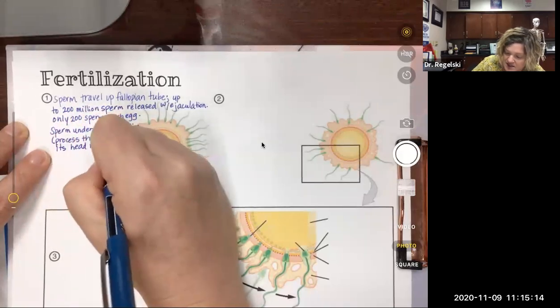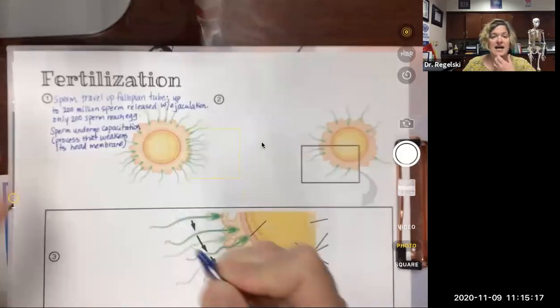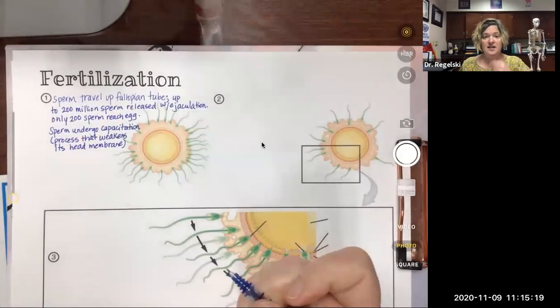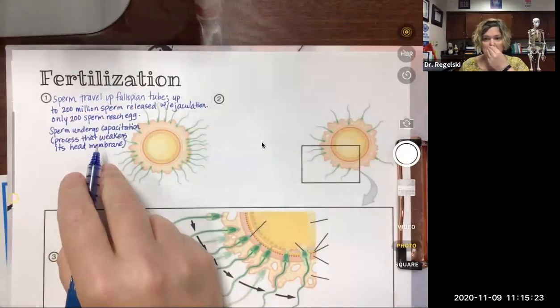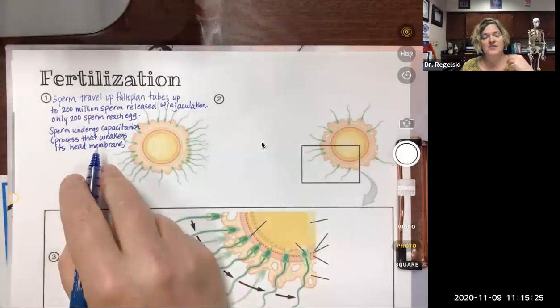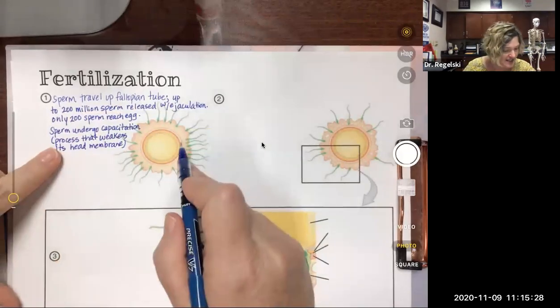The reason we want to weaken the head membrane is because the head is what contains the DNA. We need to weaken that membrane so that the DNA, the nucleus essentially of the sperm cell, can travel inside the egg.